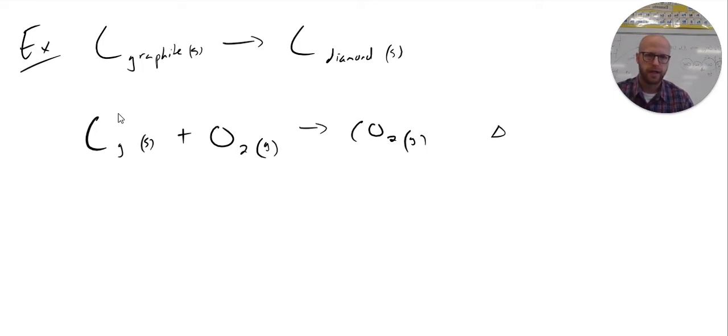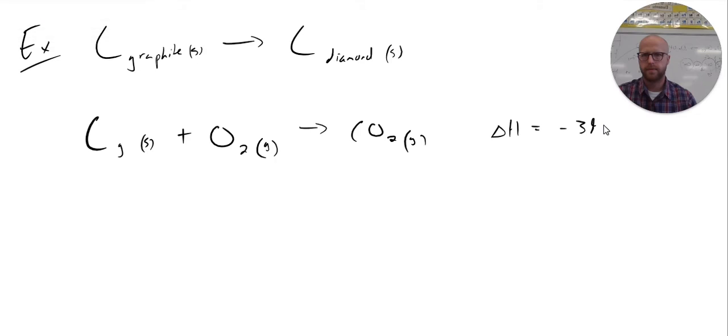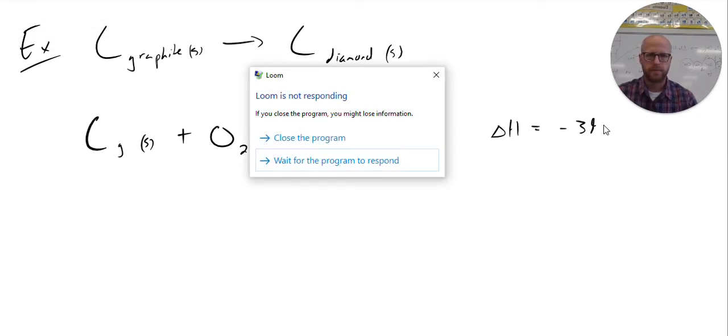And the delta H for this is equal to negative 394.